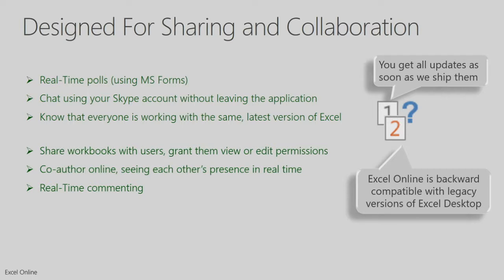Basically, as soon as we ship an update, all the users of Excel Online get it. And when you work with workbooks in desktop applications as well, Excel Online is backward compatible, so whatever edits you do here and there are saved, so it works, okay?